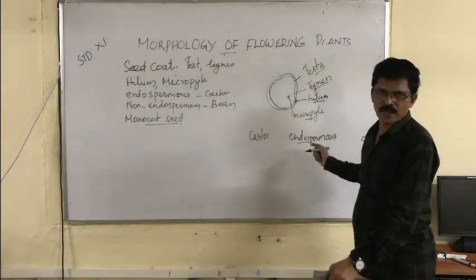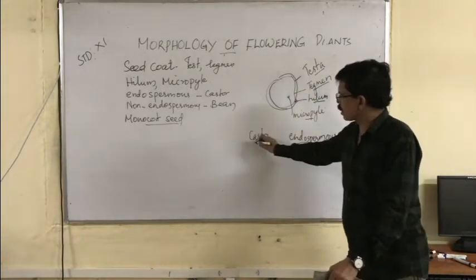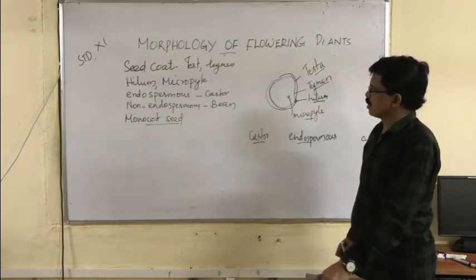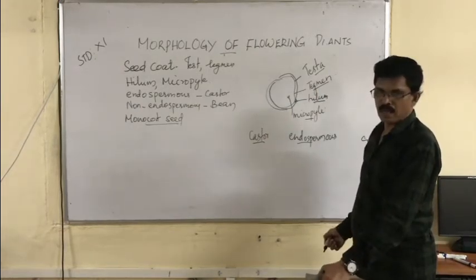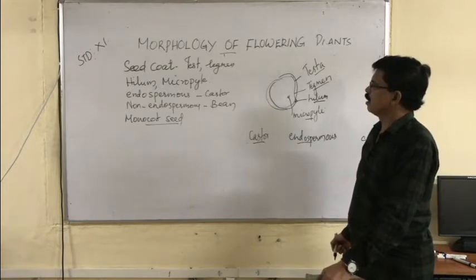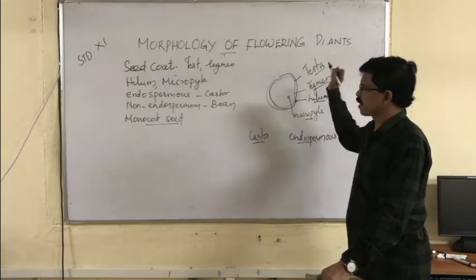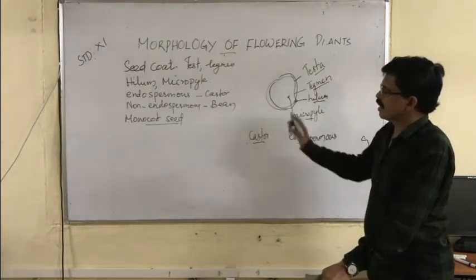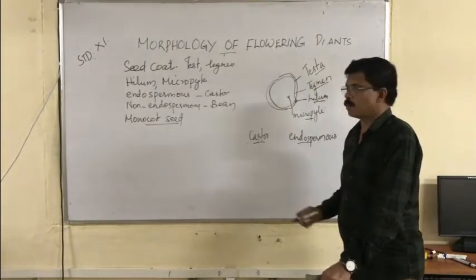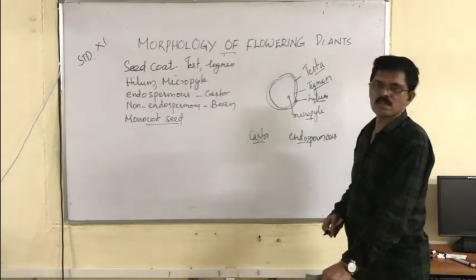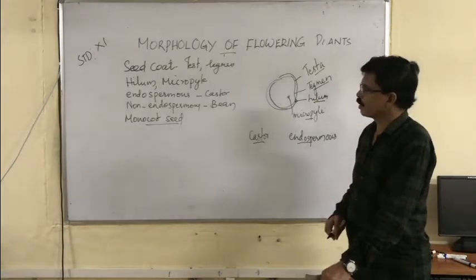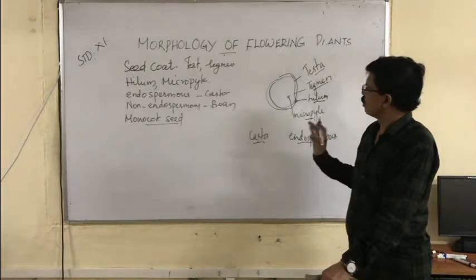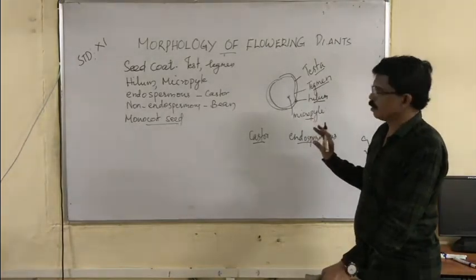Some other seeds, like bean and pea, have no endosperm at all. Such seeds are called non-endospermous seeds.